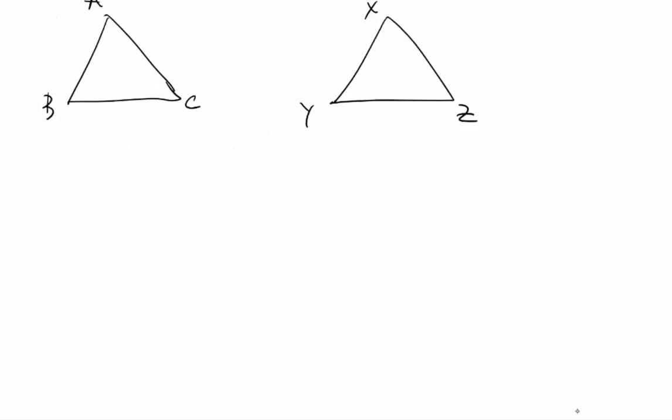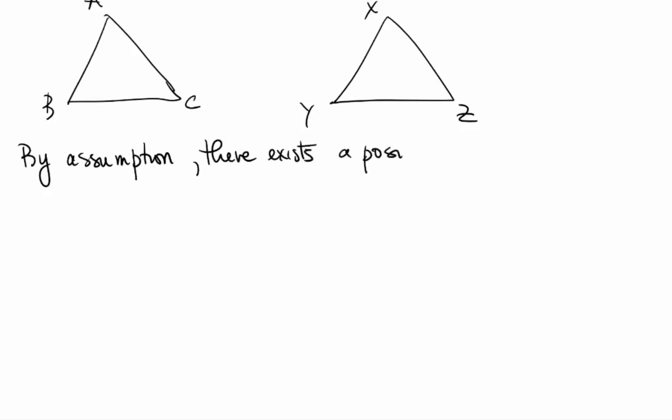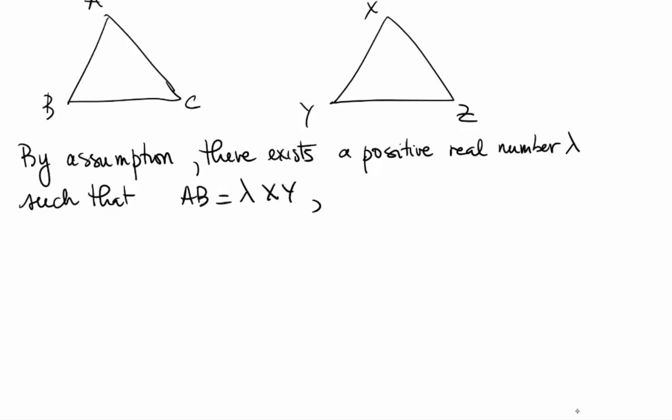So by assumption, there exists a positive real number lambda such that AB is equal to lambda XY, BC is equal to lambda YZ, and AC is equal to lambda XZ.